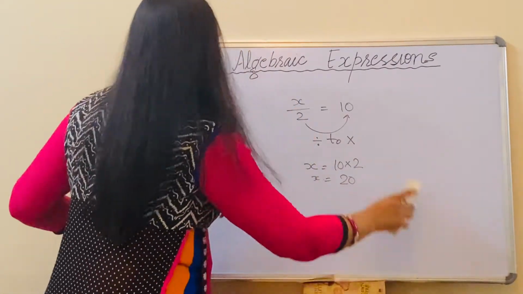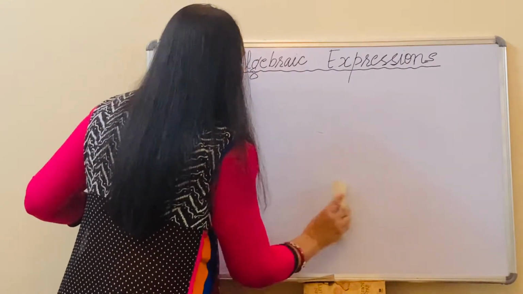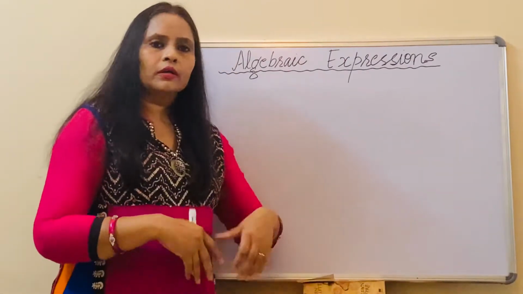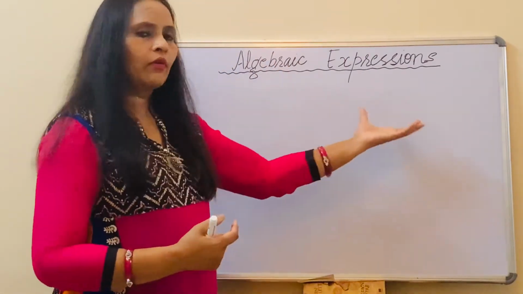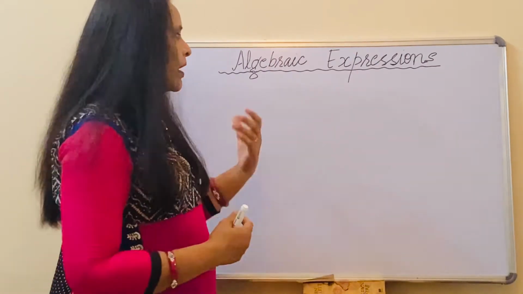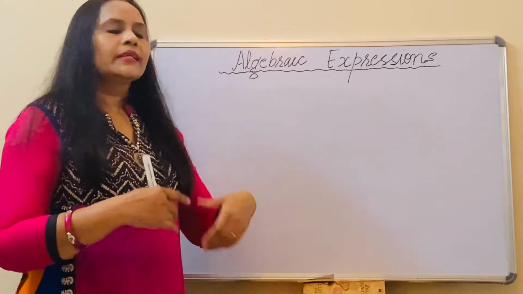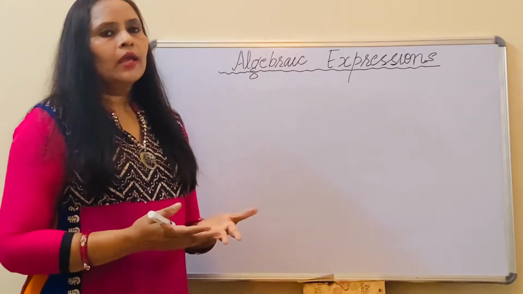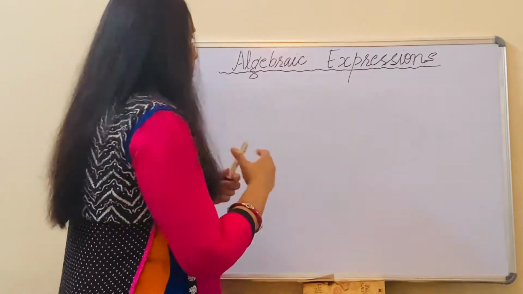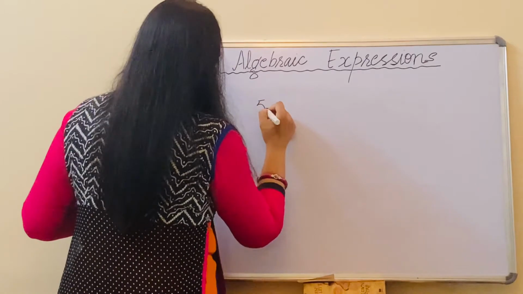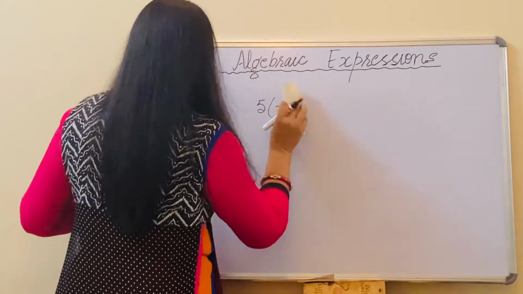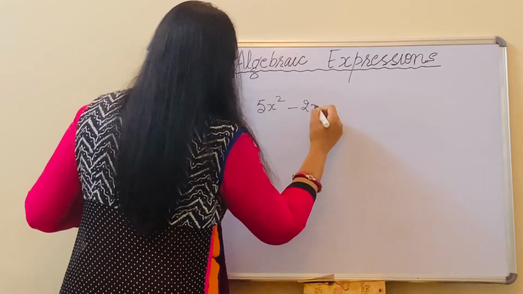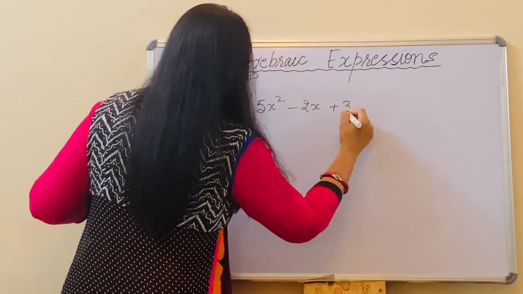So these are the various rules we have to keep in mind while calculating algebraic expressions or equations while transferring from the left hand side to the right hand side. Now another thing I am telling you is what is the number value of the equation. I am writing an expression that is 5x square minus 2x plus 3.